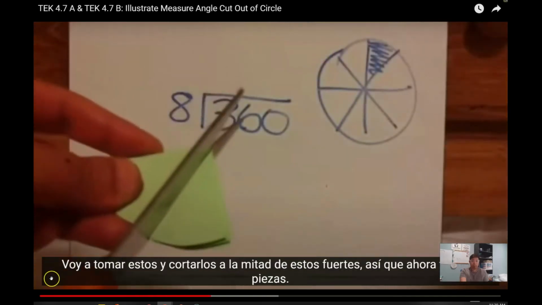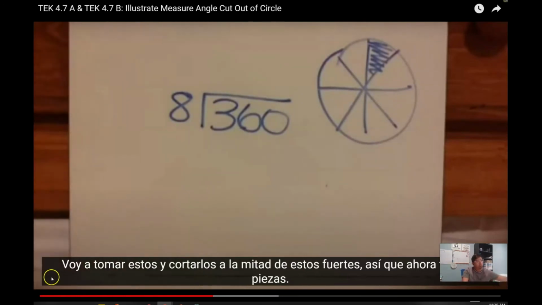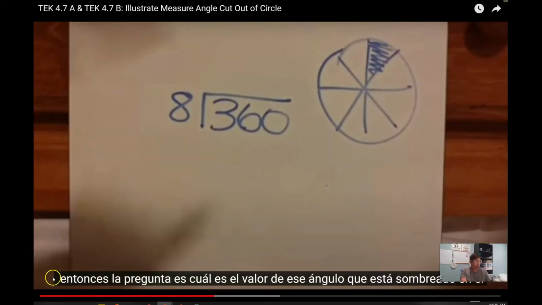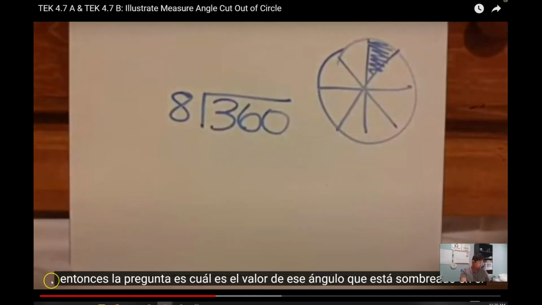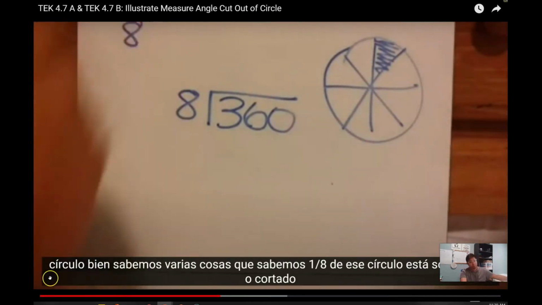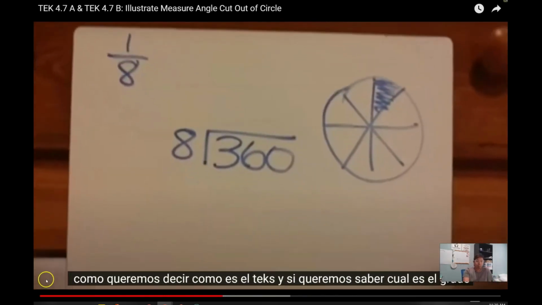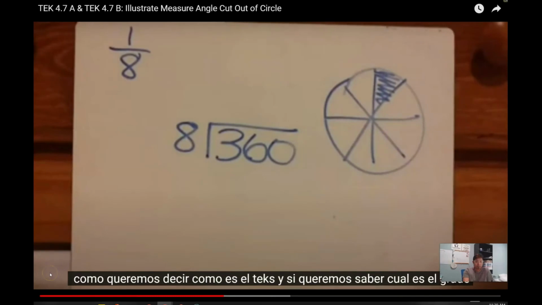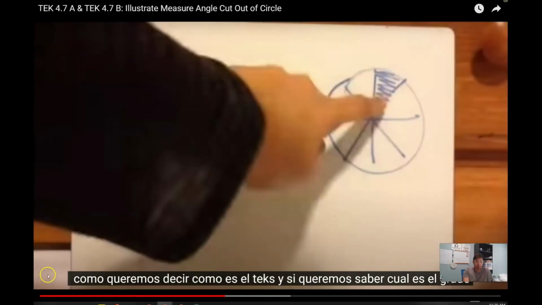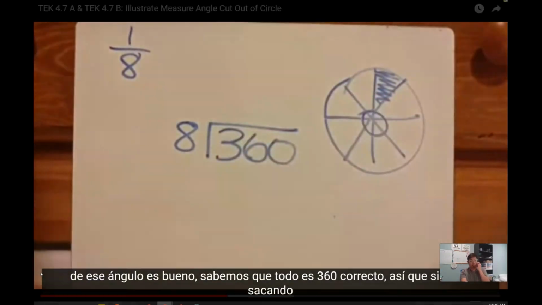So I'm going to take these fourths and cut them in half. So now I have 8 pieces. The question is, what is the value of that angle that is shaded in the circle? Well, we know 1/8 of that circle is shaded or cut out. And if we want to know the degree of that angle, we know the whole thing is 360.